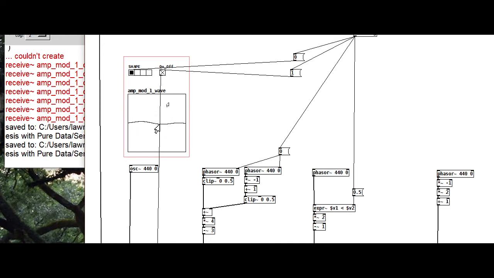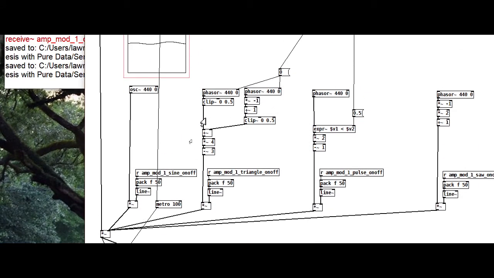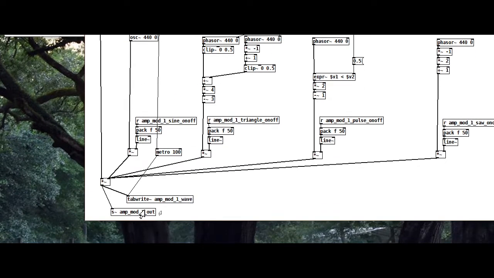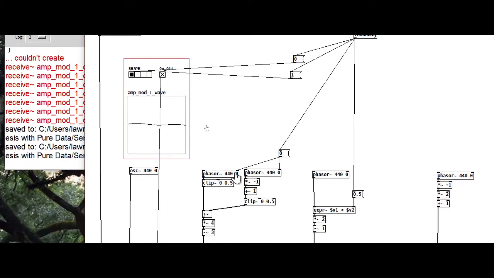The signal's coming through here, but it's getting multiplied by the signals coming out of these guys. And it's being written to the table, but it's not quite working right because we've got to give these guys different frequencies.